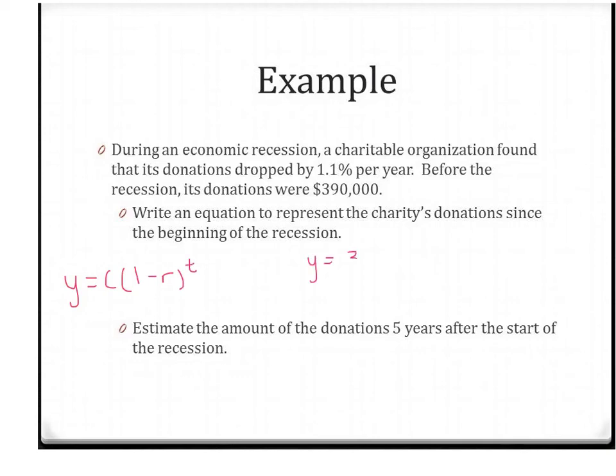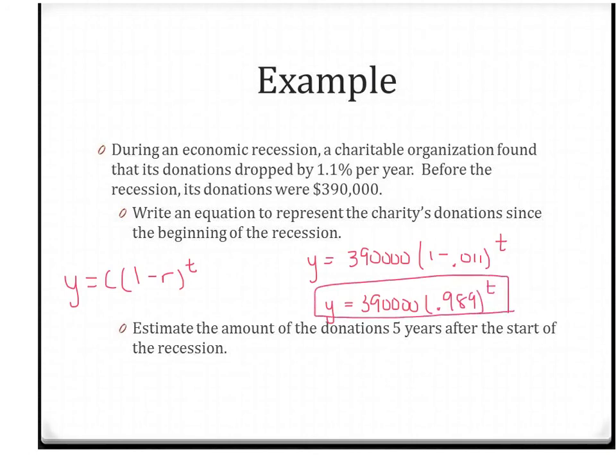And so c is $390,000, and this is going to be 1 minus 1.1% as a decimal, which is 0.011, to the t, and we're going to do a little bit of cleaning up and do 1 minus 0.011 and get 0.989 to the t. So there is our equation.